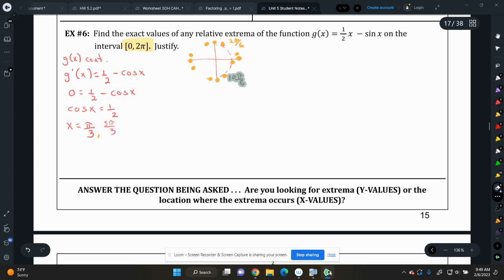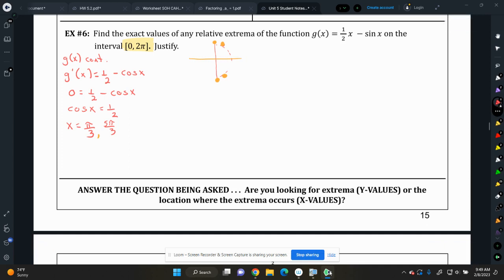So I have my critical points. Get rid of these extra things here. Now I need to make my table, right? I do have a closed interval this time, so I have to include that in my table.